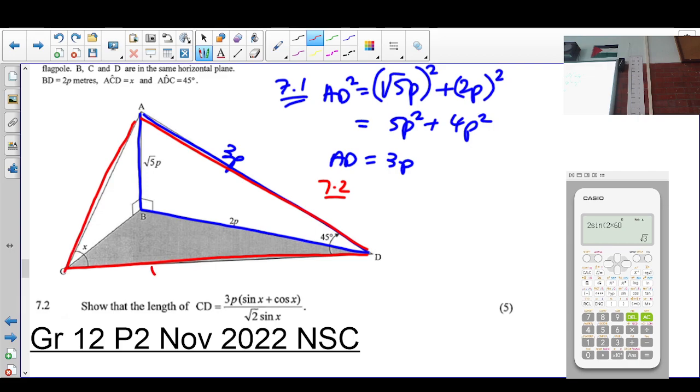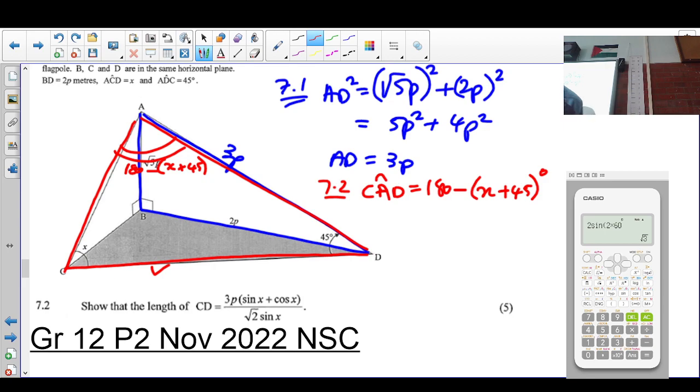So CD, as you can see here, we can calculate this angle. So CAD is equal to 180 minus x plus 45. Okay. This is 180 minus x plus 45. That is sum of angles in a triangle. Because we've got so many angles here, we're going to use the sine rule.